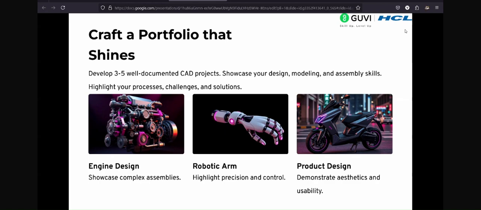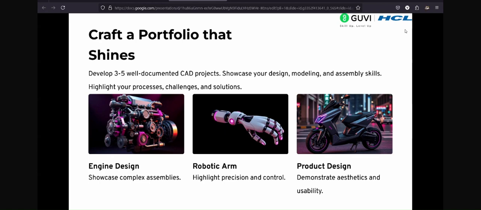In the engine design you can see it highlights your skills of complex assembly, and also your technical skills related to this engine design. Similarly, the robotic arm highlights your precision and control, which I have mentioned in that. It also highlights your surface modeling skills.